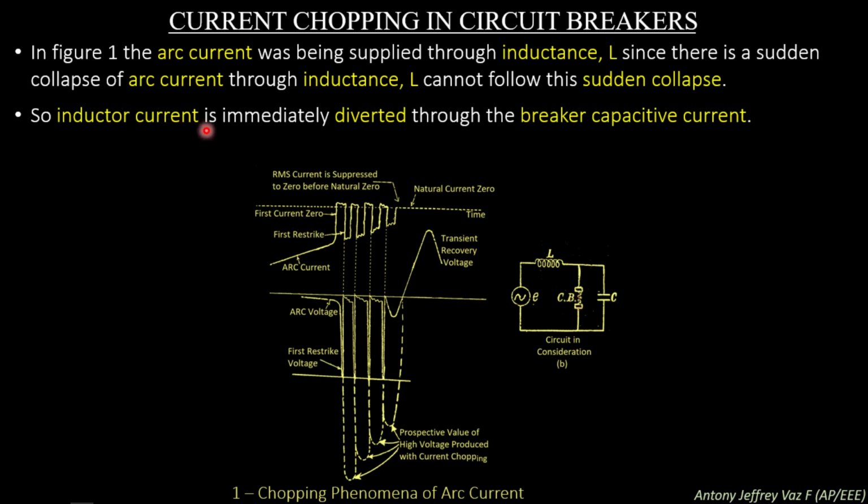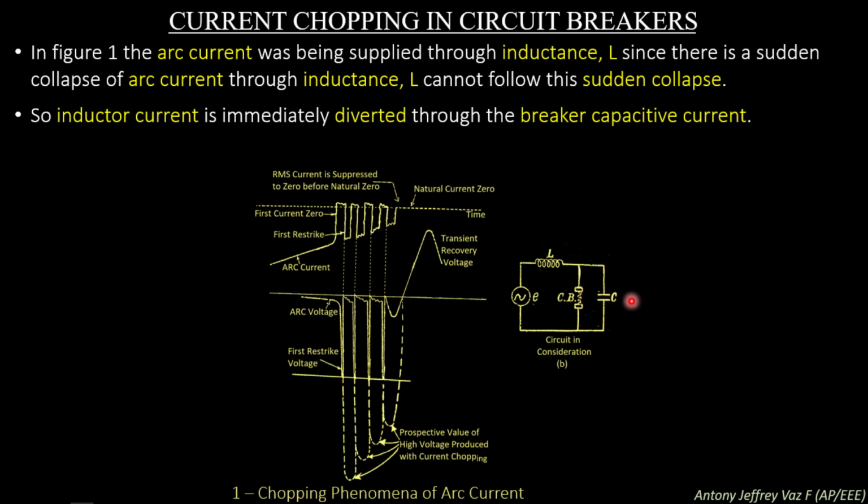So the inductor current is immediately diverted through the breaker capacitive current. Since no path exists in the circuit breaker because the arc is extinguished, the inductor current has to flow through the capacitor path. So this capacitor starts charging.